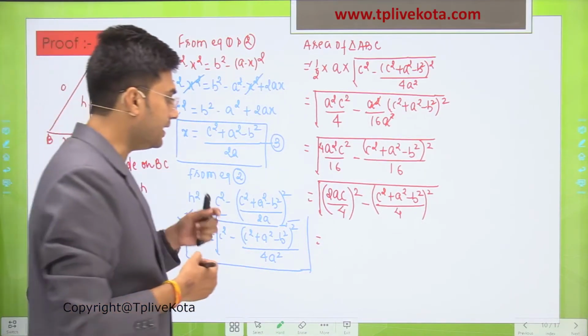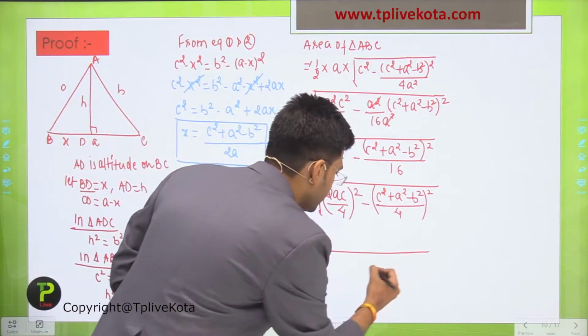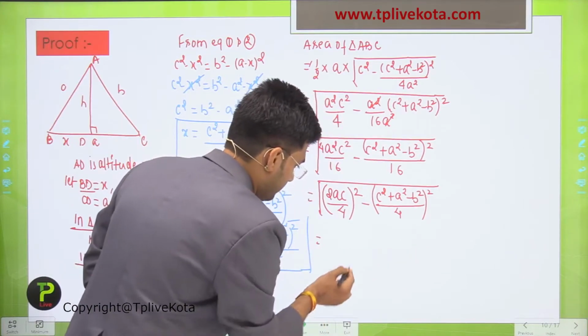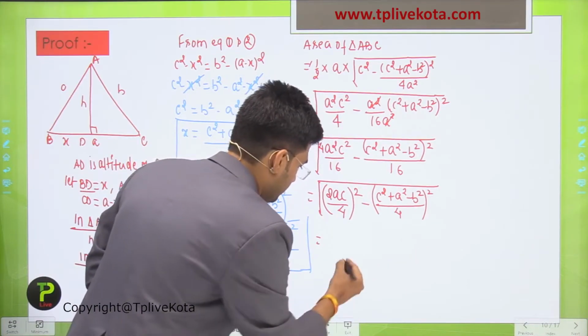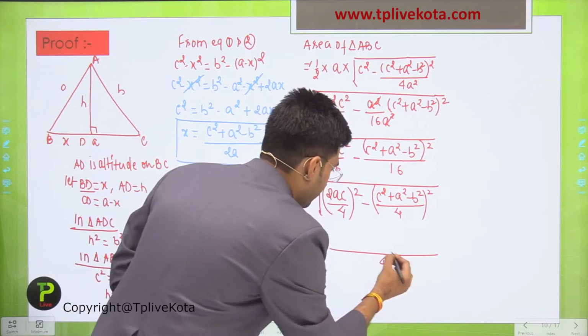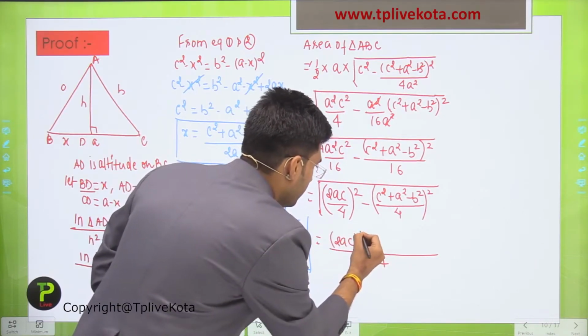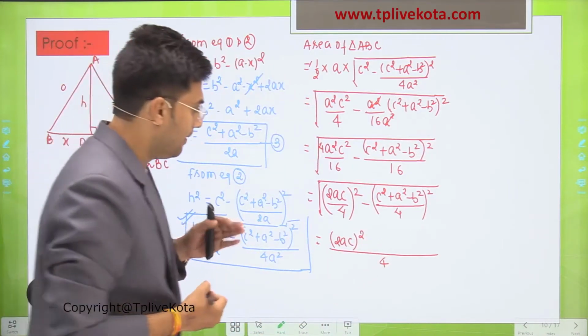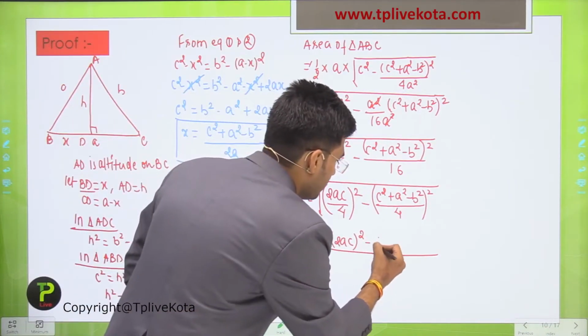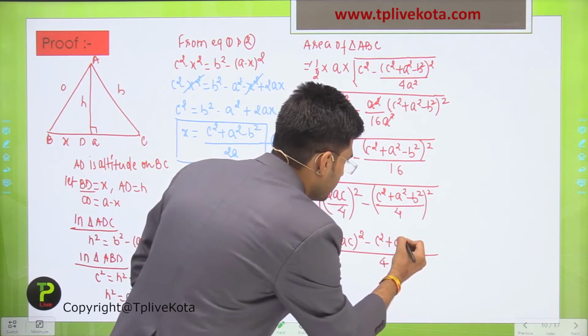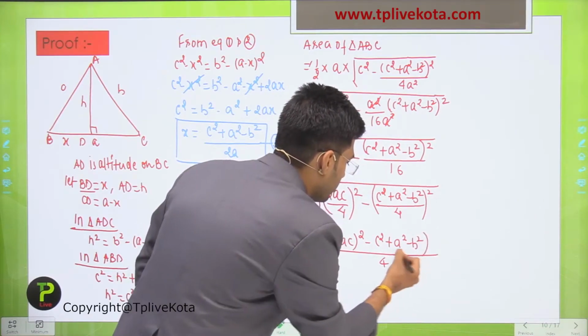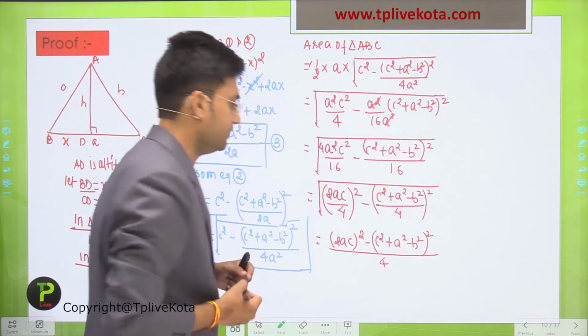Now students, when we take 4 as LCM, then here we will get (2ac) whole square minus (c square plus a square minus b square) whole square.